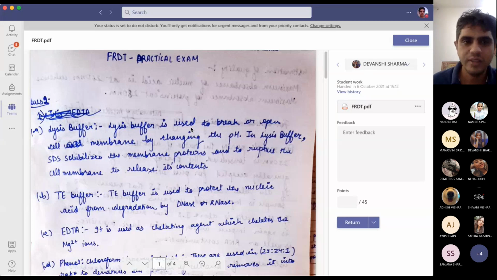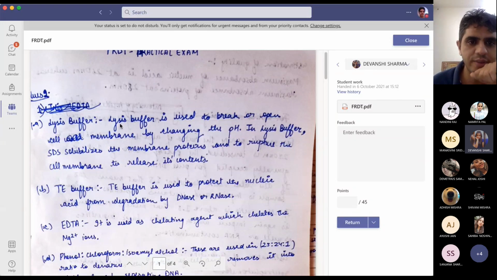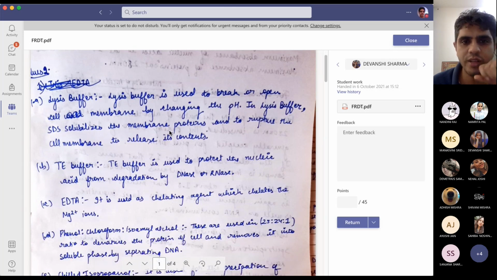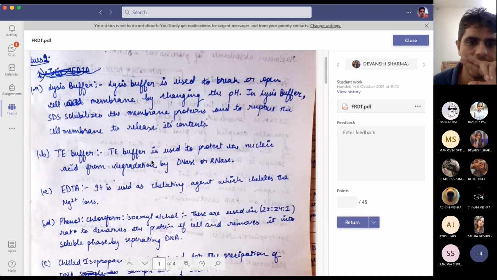Okay. So the first question, question number 2, you have attempted lysis buffer. Lysis buffer is used to break open the cell membrane. Lysis buffer contains SDS, which destabilizes the membrane, ruptures the cell membrane, and releases its content. Yes. Here, if you write lipid, that is going to be a great thing. TE buffer is used to protect nucleic acid from degradation by RNase and DNase.